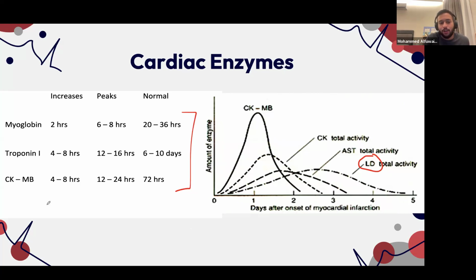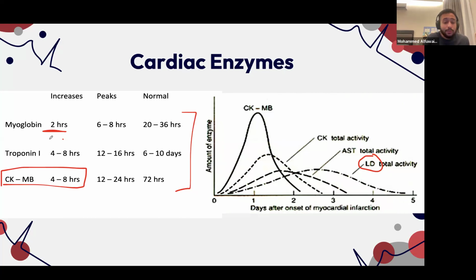I would agree, myoglobin, because it increases very early. For some reason in your slides, it says CKMB is the marker of choice to detect it in the first hour. It doesn't really make sense to me, but memorize it because it's in your slides, and if they bring anything, it's from that.